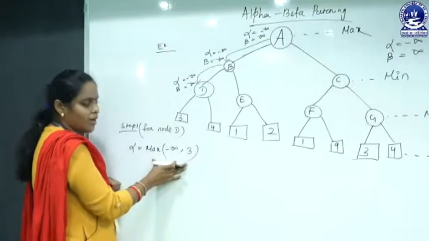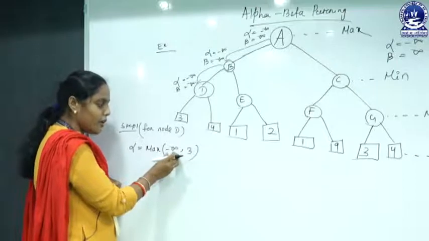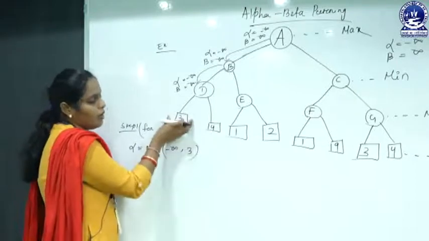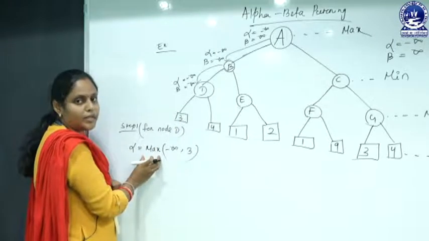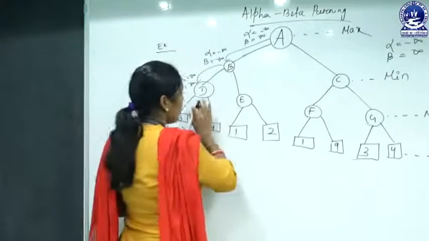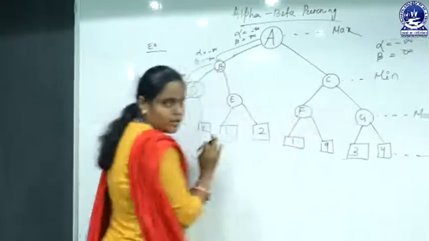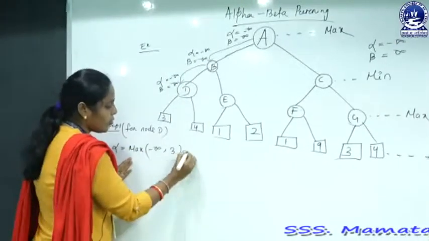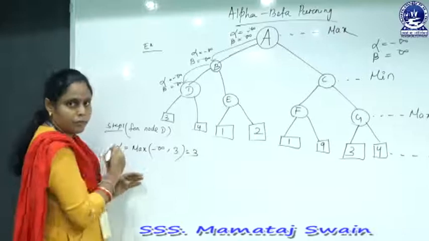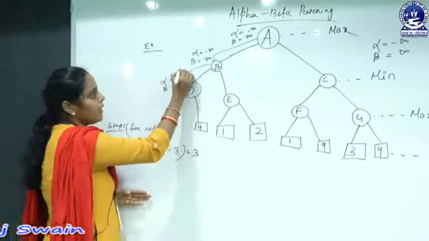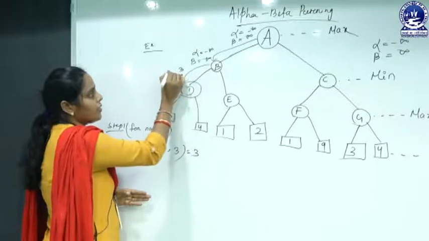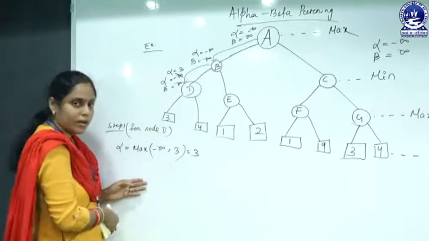That means I am comparing the initial value of alpha with the first terminal, and I am taking the max function, because for node D this is the maximizer's turn, which is equal to 3. That means the alpha value will be updated as 3, that is alpha equals 3.